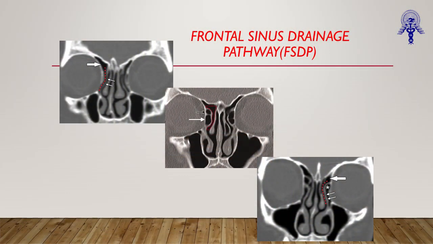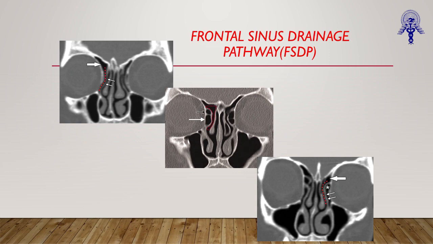Now the drainage pathway, for example here in this coronal scan, we can see the frontal sinus is draining here lateral to the middle turbinate. But if the middle turbinate is attached into the lamina papyracea here, then the frontal sinus will drain medial to the lateral. So that is also a very important factor for us to understand before we embark on surgery.